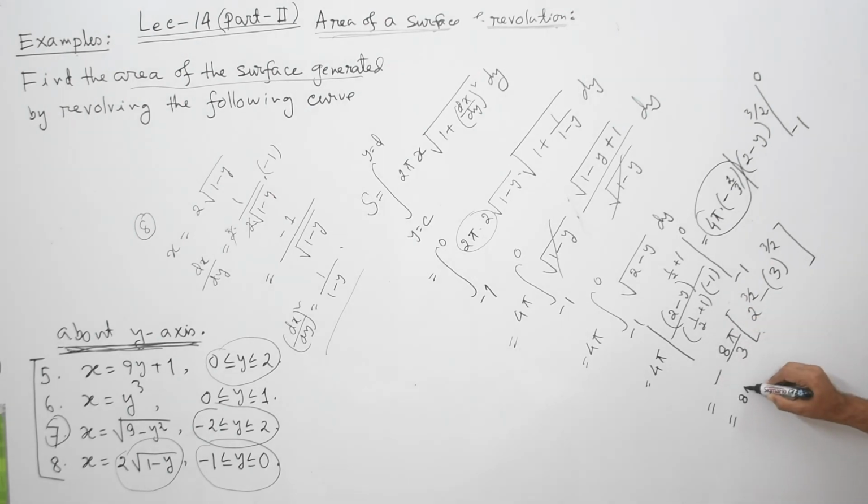That will be 8π by 3, 3 root 3. This term we want to write first, because I want to remove the minus sign here. So 3 root 3 minus 2 root 2.